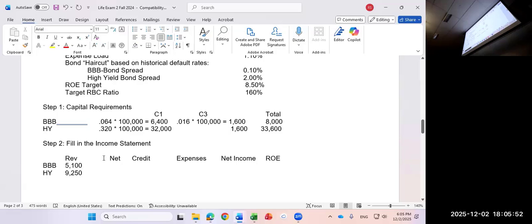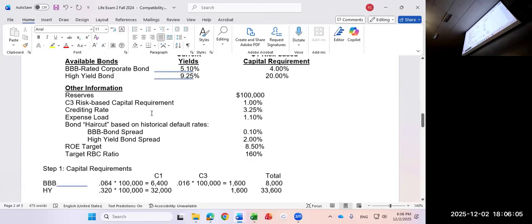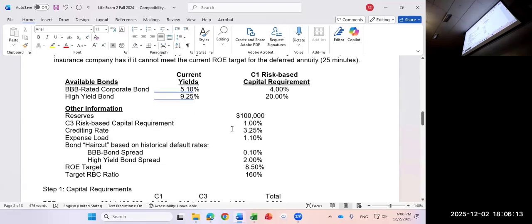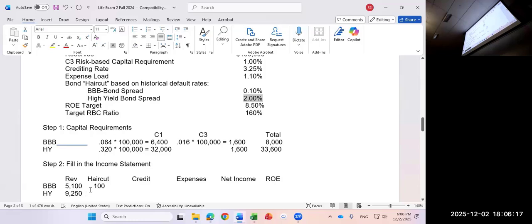So for the net, we're gonna make 5,100, but we're gonna pretend like we make a little less than that. We're gonna take a little bit of a haircut off of that. I don't know who came up with the term haircut. For triple B, it's only 10 basis points. 10 basis points times 100,000 is just $100. For the high yield, we're going to take 2% off, so that's 2,000.